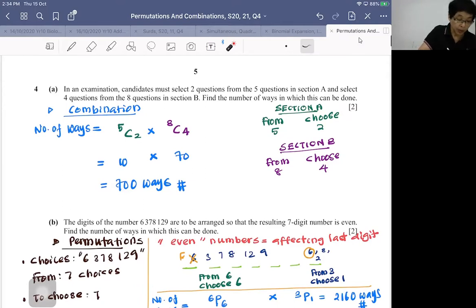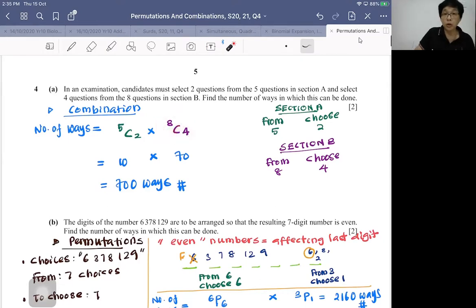Now by looking at the chart that we have extracted from the sentence, we notice that the number of ways comprises section A, which I purposely put in green color, to show you there are 2 parts of the examination. Section A, from 5 choices, the students are supposed to pick 2. And so we put a multiplication for section B, where the students take from the 8 choices and choose 4.